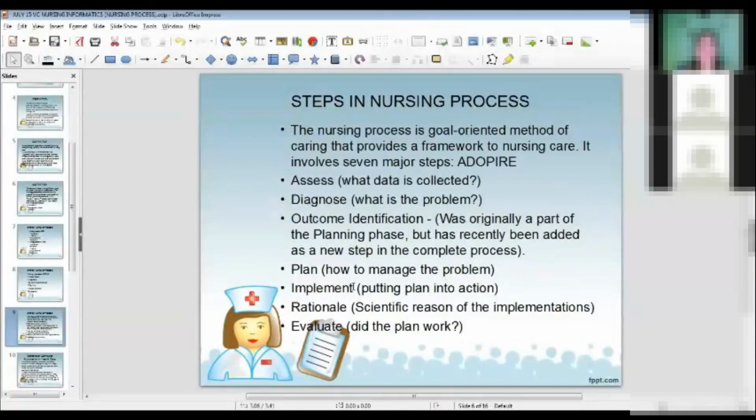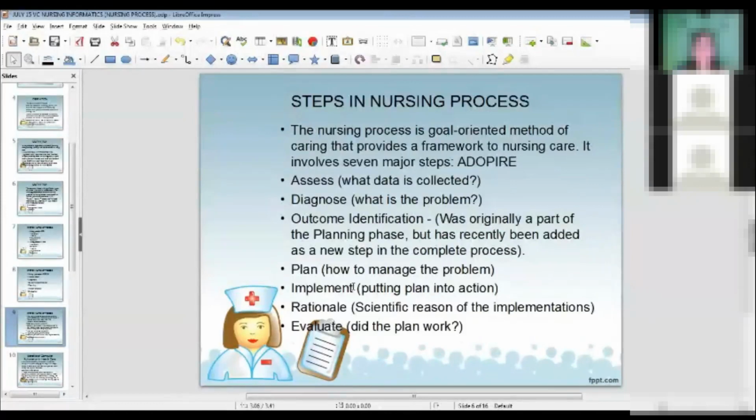Ano yung scientific rationale for this? These interventions divert the attention of the patient from the pain felt into other activity. So, nababawasan, naiiba yung kanyang focus. So, the patient will no longer focus his or her attention to the pain, but instead, meron tayong other activities. So, it depends on the situation or the cause of the pain or the problem.